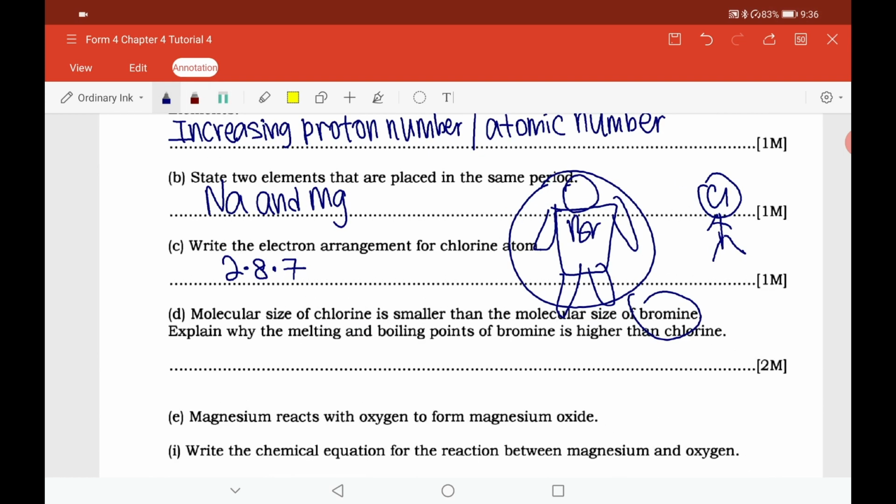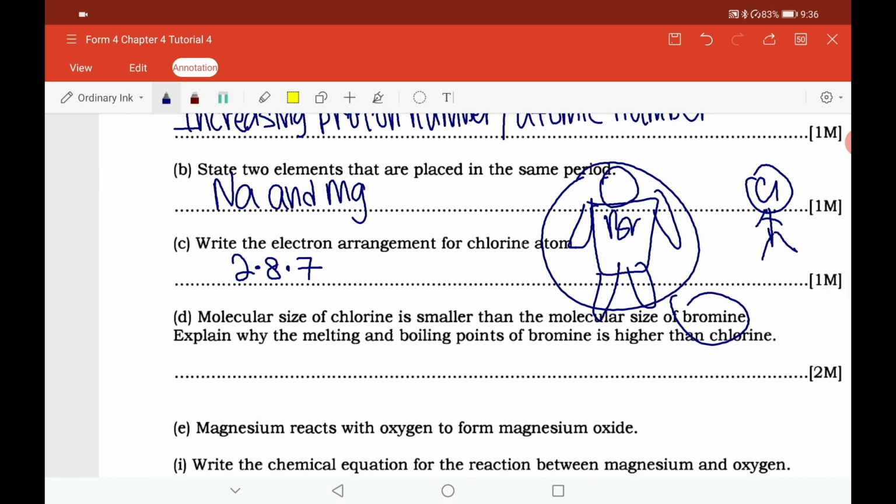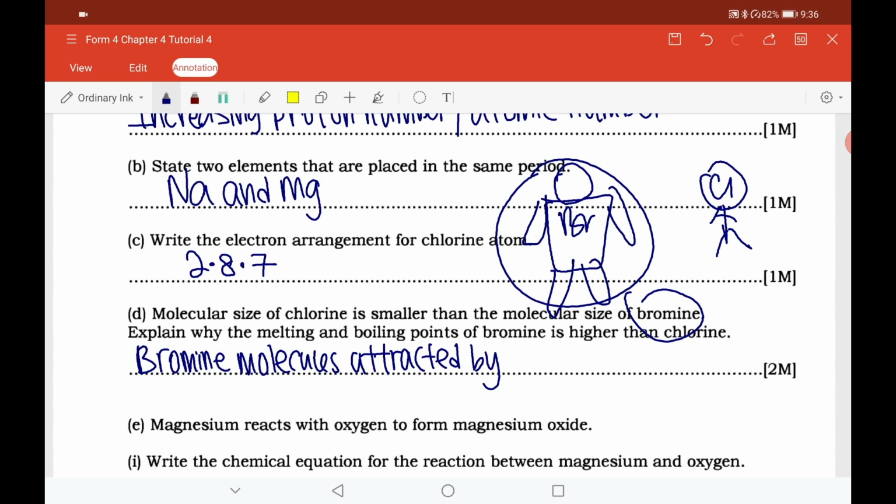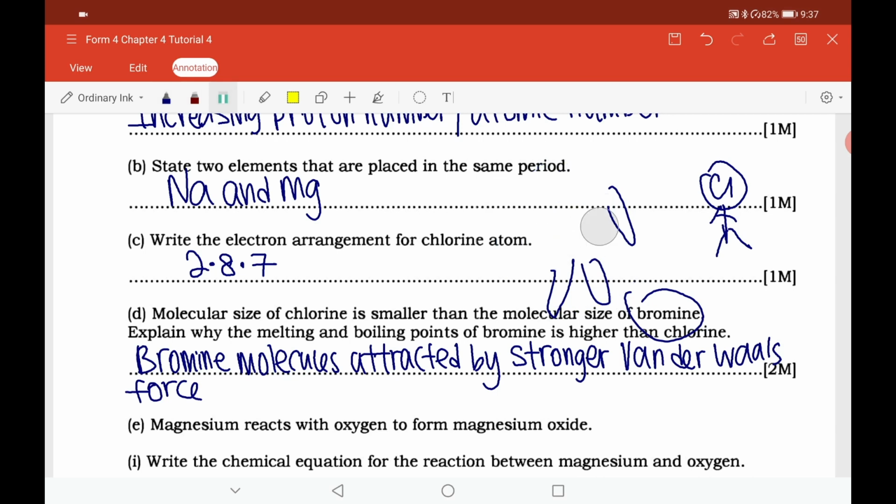So you can just mention that the bromine molecules are attracted by stronger van der Waals force. If you don't want to use the word van der Waals force, you can also write intermolecular force. It's acceptable.